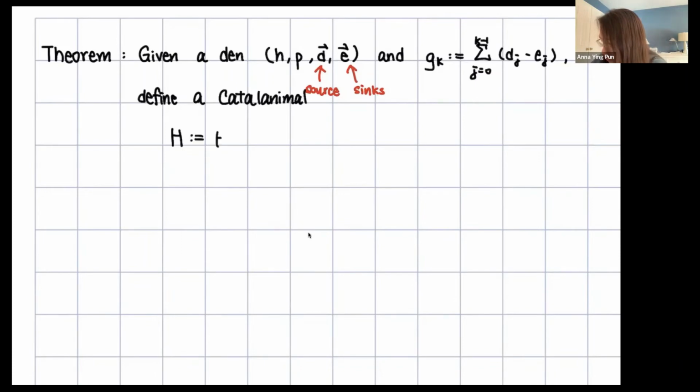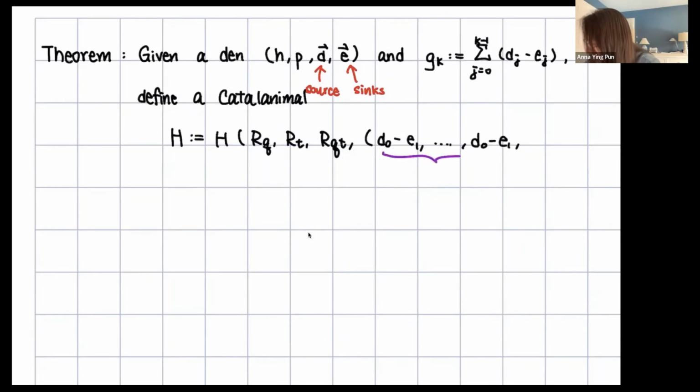To define it, you have to have your Q root set, your T root set, your QT root set, and then you have your G's. So let me just write it down. D0 minus E1 up to D0 minus E1. You're copying that many of them. So there are G1 of those things.